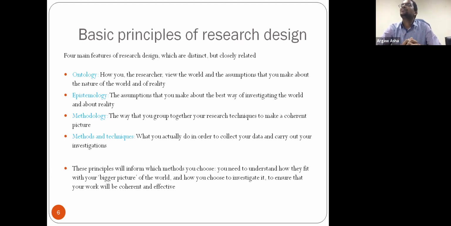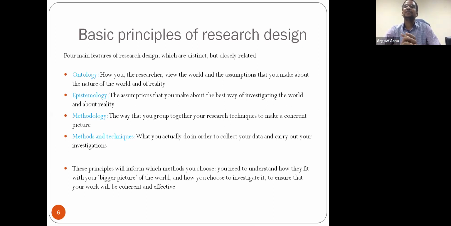When we see ontology, that depends on the world in the big picture, and we have the assumptions. So how you are assuming the nature of the world and the reality, as a researcher, from your point of view.